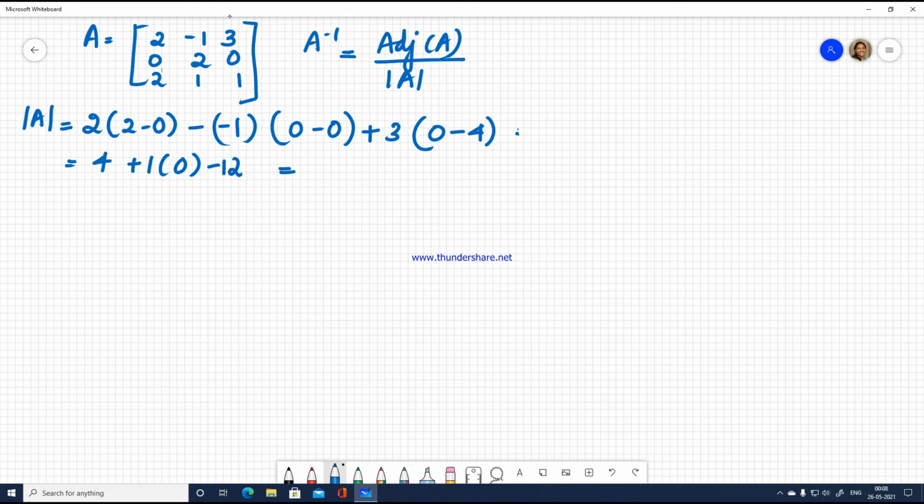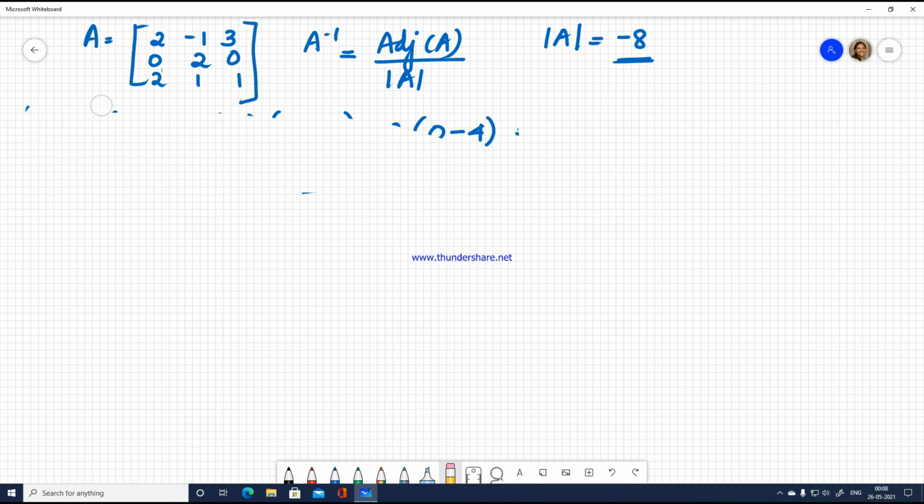So we'll get the answer minus 8. Okay, so determinant of A is equal to minus 8. Now you need to find the cofactors. Find all the cofactors.